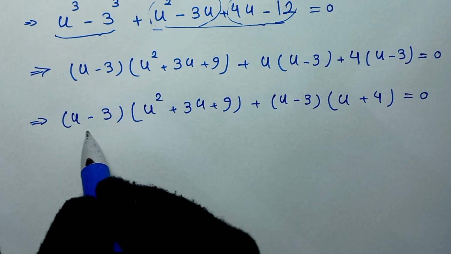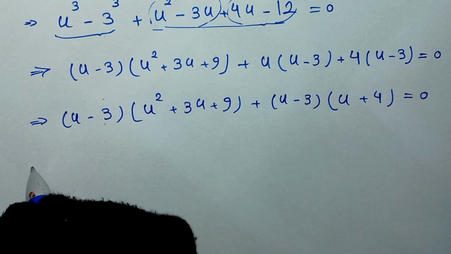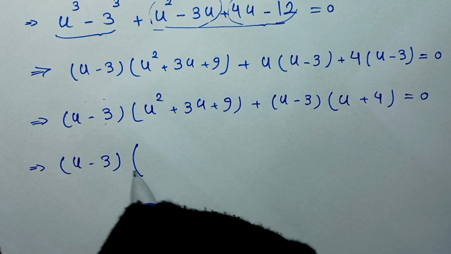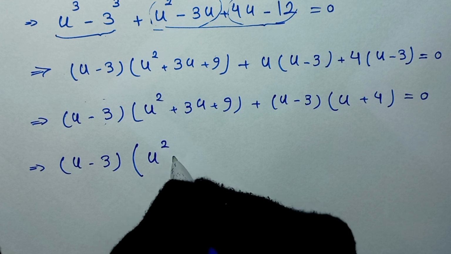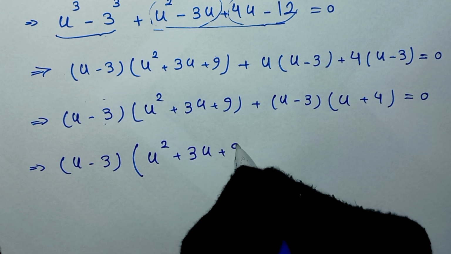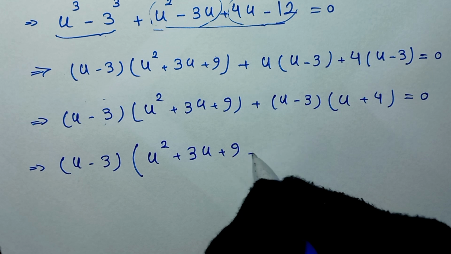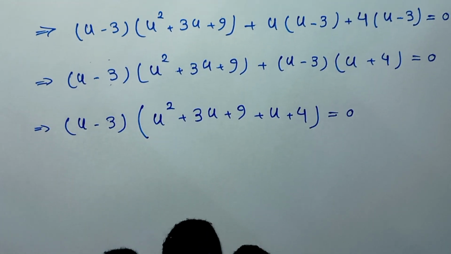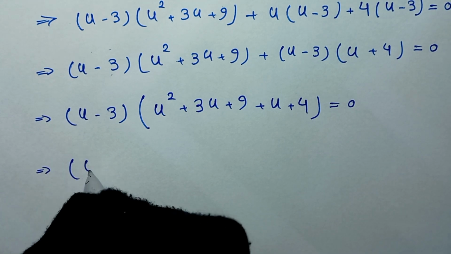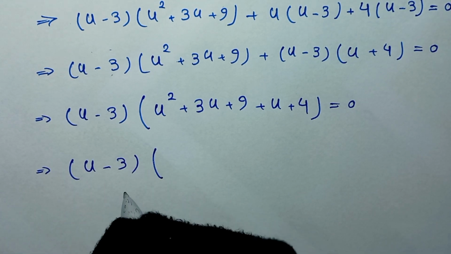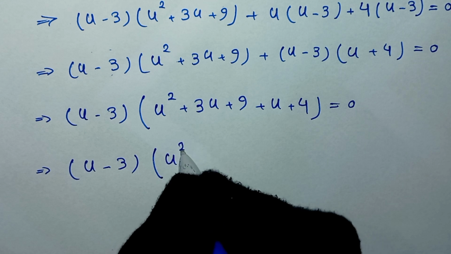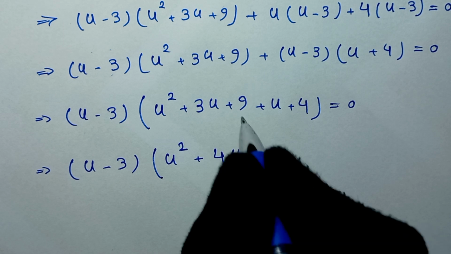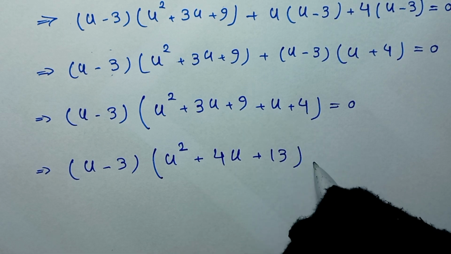And in here u minus 3 is common, so we factor u minus 3, and for this part we have u square plus 3u plus 9, and for this part we have u plus 4 is equal to 0, and it will be u minus 3 times u square plus 3u plus u, it will be 4u, and 9 plus 4, it will be 13 is equal to 0.